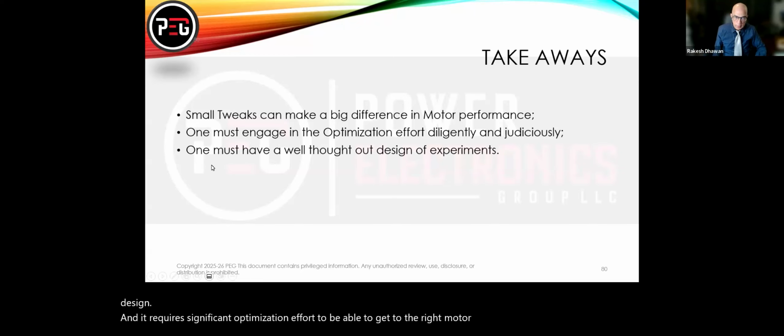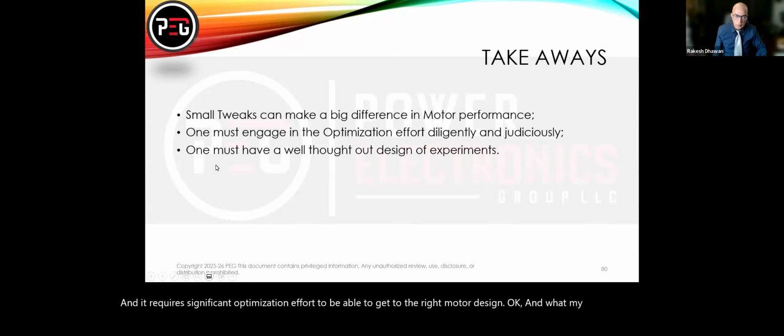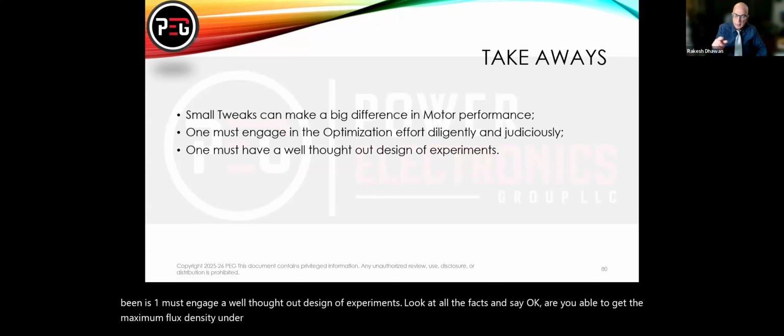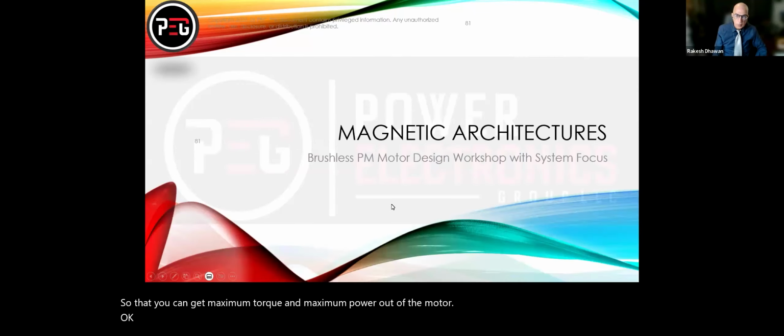Okay, and my advice always has been one must engage a well thought out design of experiments, look at all the factors and say, okay, are you able to get the maximum flux density under all operating conditions in the air gap without saturating your materials so that you can get maximum torque and maximum power out of the motor? Okay, so we're going to go to magnetic architectures.